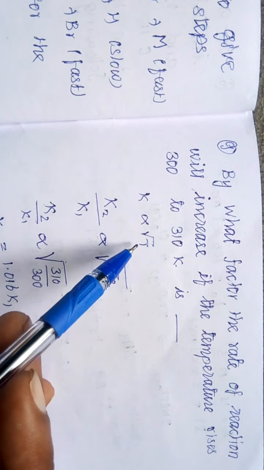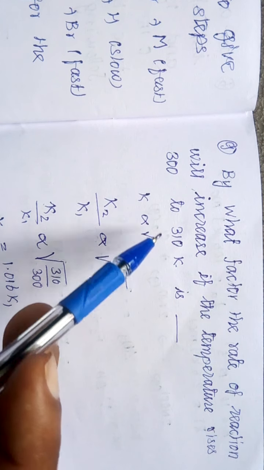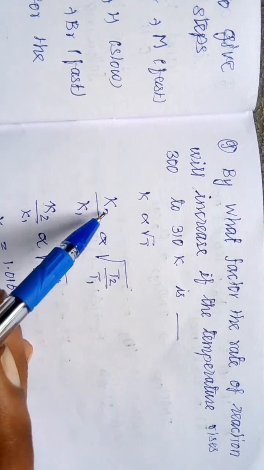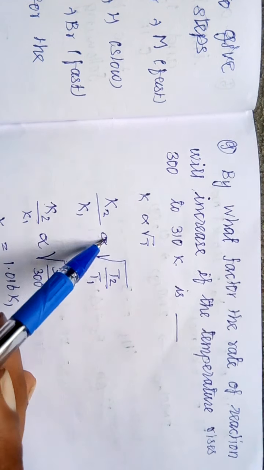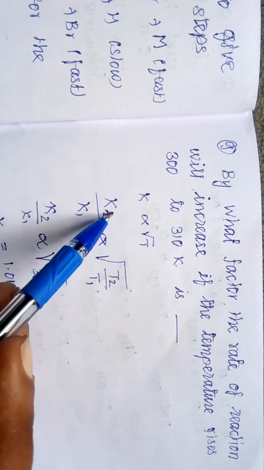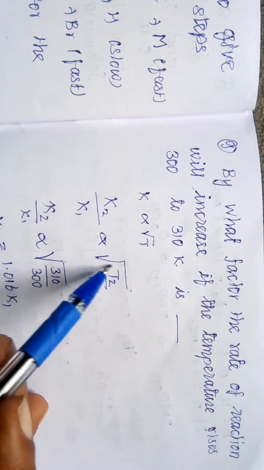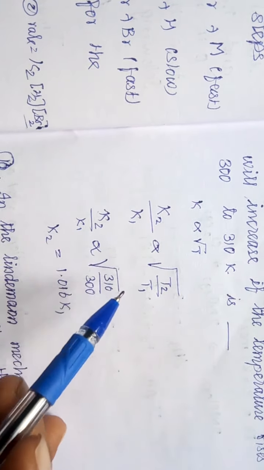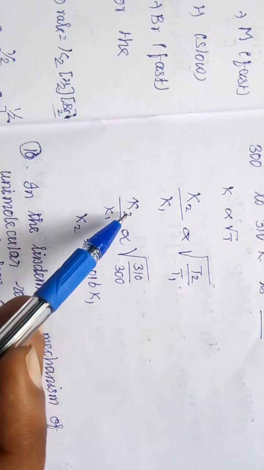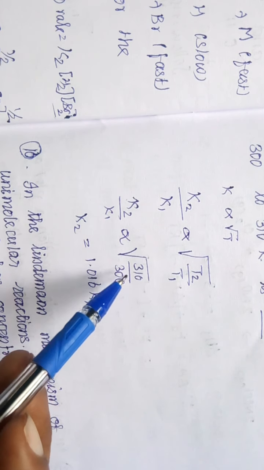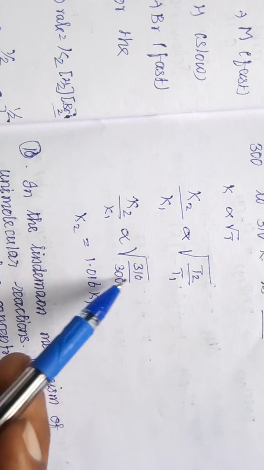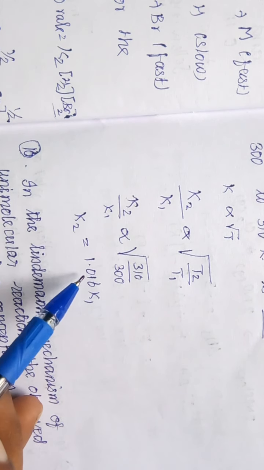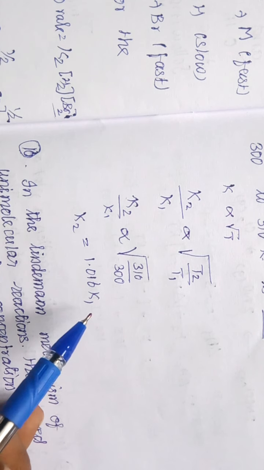K is proportional to square root of T. So K2 by K1 is equal to square root of T2 by T1. Substituting the temperatures, K2 by K1 is equal to root of 310 by 300. It will become K2 is around 1.016 K1.